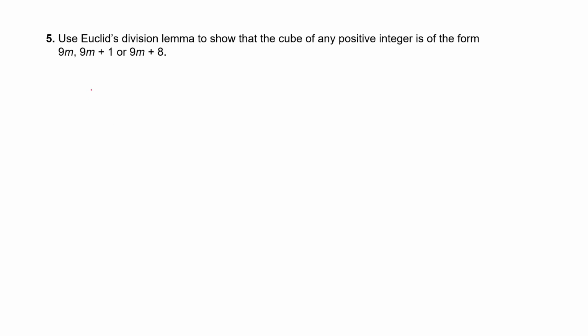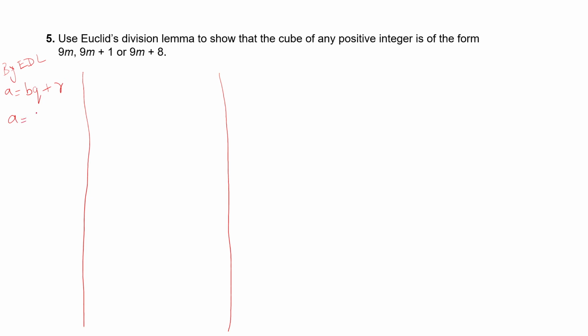And the next question is again the same pattern. The difference is, read the question, it is cube of any positive integer. So by Euclid's division lemma, we will start with the same. a is equal to bq plus r.